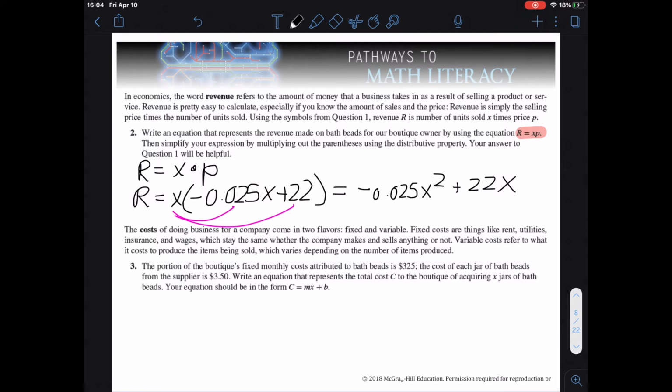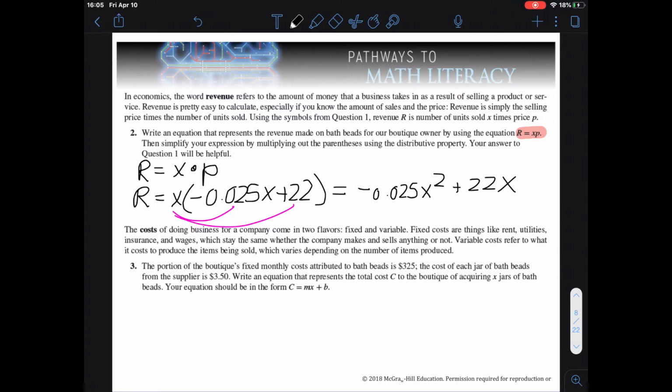Now the costs come in two different quantities like we've seen before. You have fixed costs like rent, utilities, wages of employees, insurance. Those stay the same regardless of what you make or not. Then you've got variable costs, which come from how much you're selling and at what price you're selling them. So based on this, our particular boutique has a fixed monthly cost of $325.